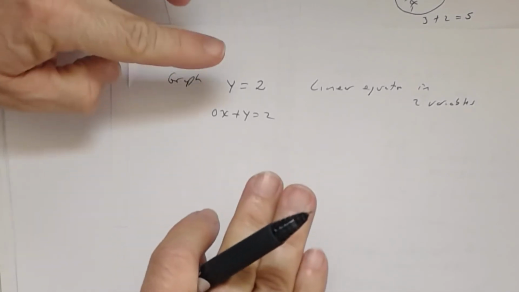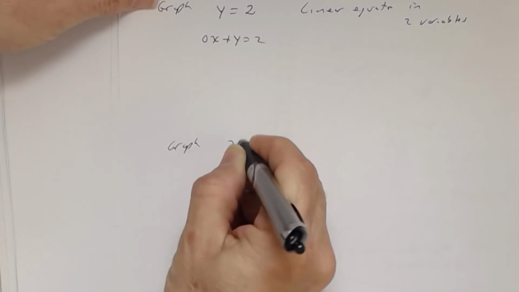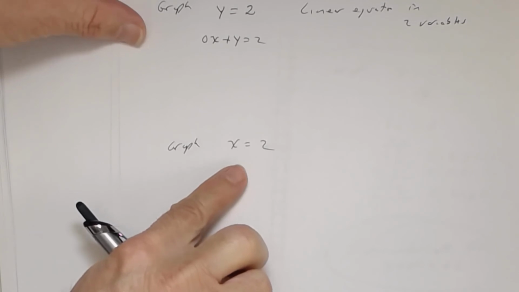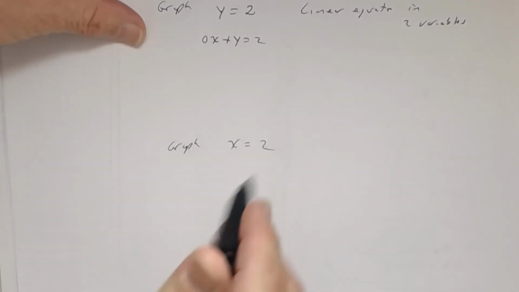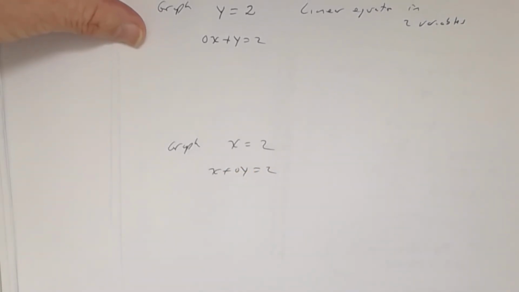Okay, now here's how you want to deal with this in terms of graphing. Whenever you only have one variable, like this, it would also be considered a linear equation in two variables, because this time what's the coefficient of y? 0. So this would be x plus 0y equals 2.